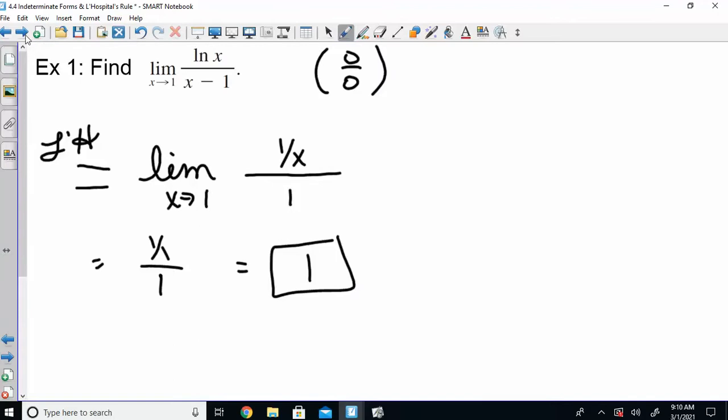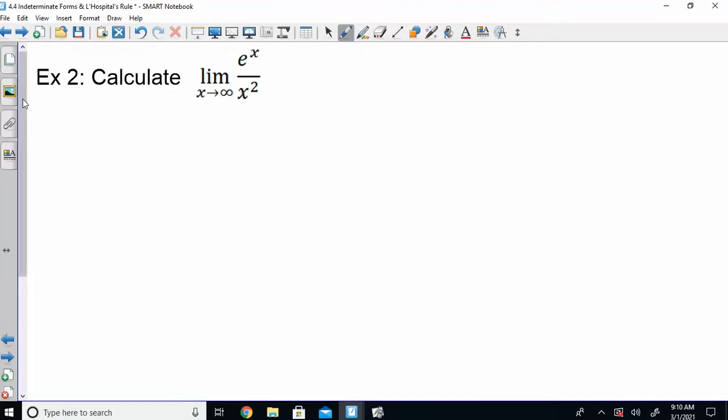Next example. The limit as x approaches infinity of e to the x over x squared. So first, check to see if we can just evaluate this.